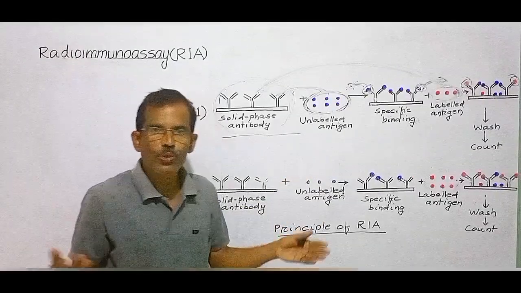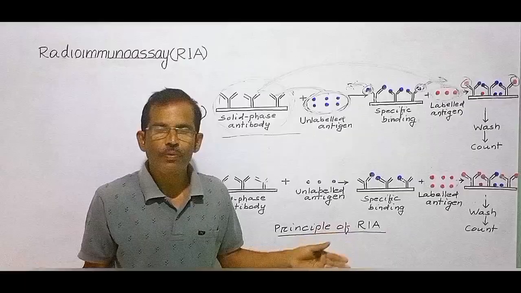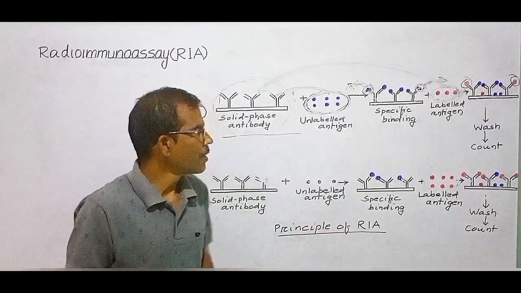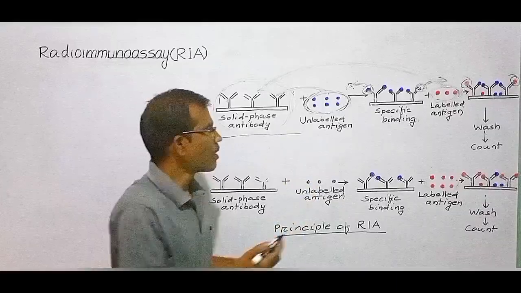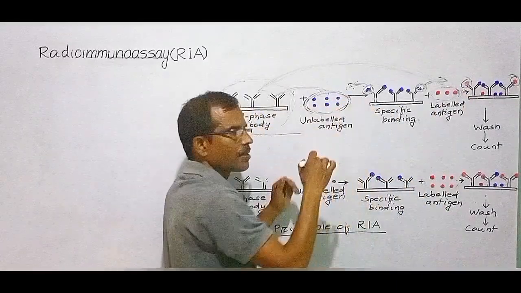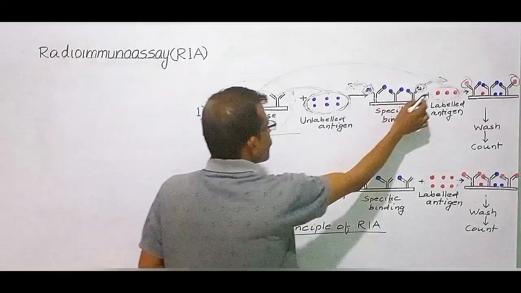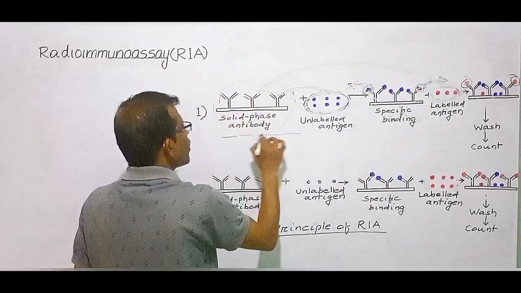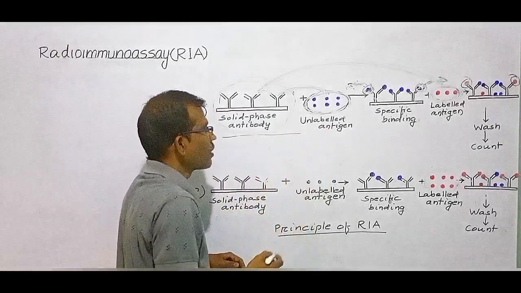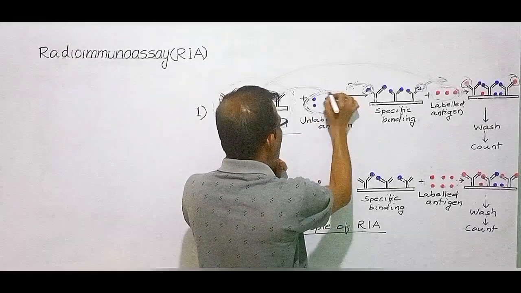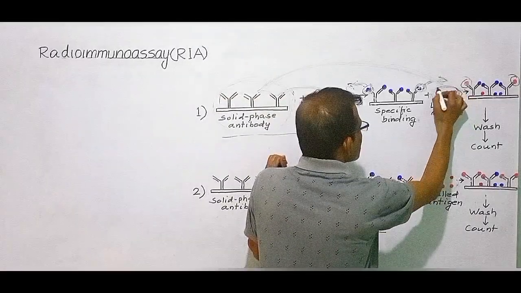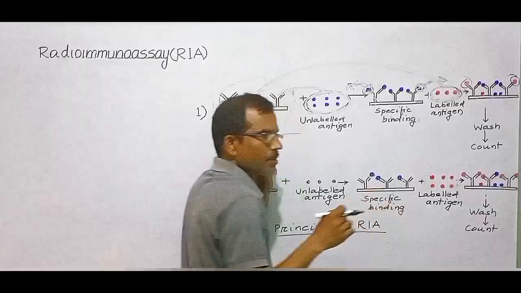This figure illustrates the principles of radioimmunoassay. As already mentioned, in this method, there is a competition between radiolabeled antigens and unlabeled antigens for binding with a limited amount of specific antibody. In figure 1, the concentration of unlabeled antigens is higher than the concentration of radiolabeled antigens.